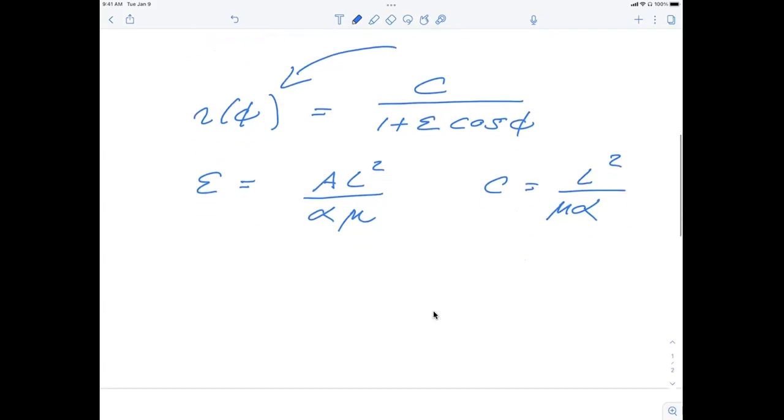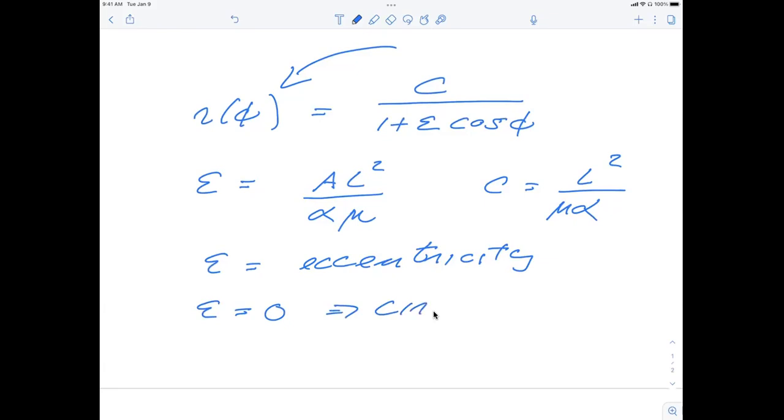Now, this epsilon is actually called the eccentricity. If we put epsilon equal to 0, then the radius is just a constant, and that means that we just get circular motion.